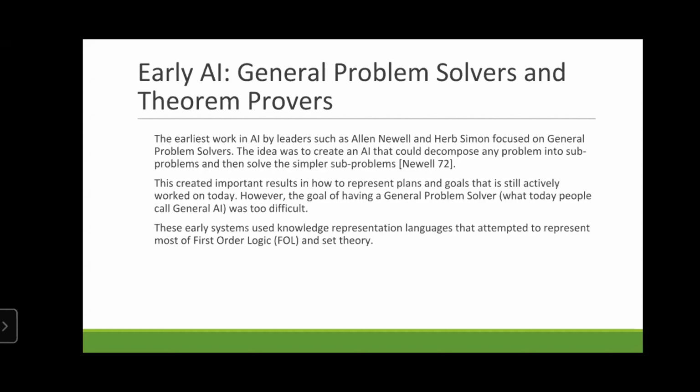In fact, they call them toy problems because they literally, in some cases, were toy problems. One of the classic problems that they worked on was just how to stack blocks on top of each other. So there were interesting results, but nothing that could really directly scale up into real world use.